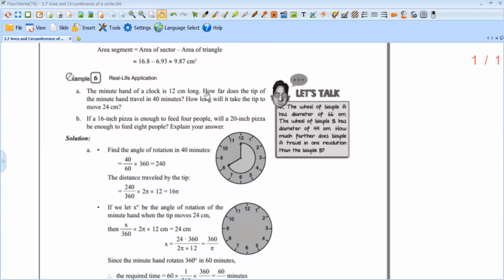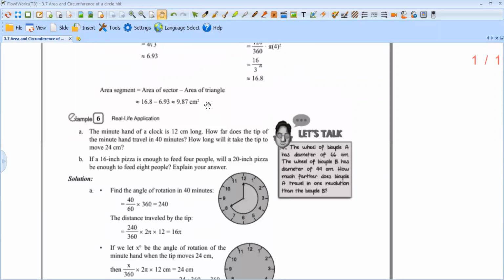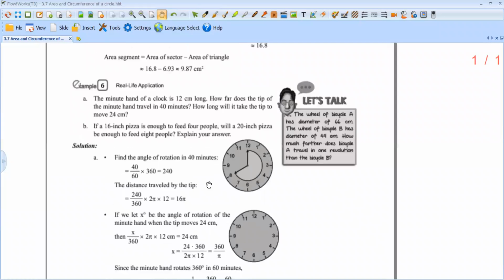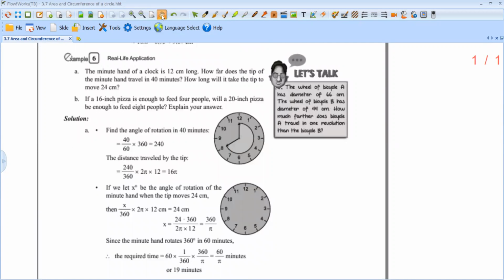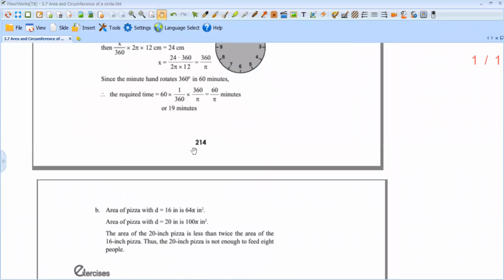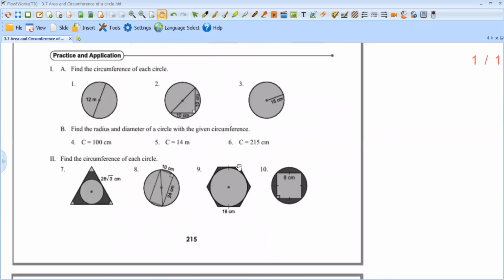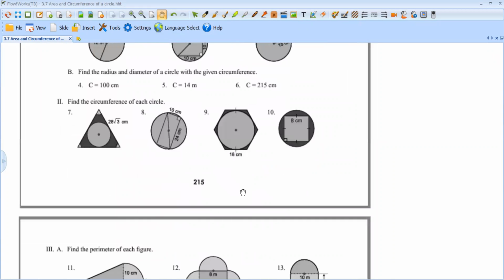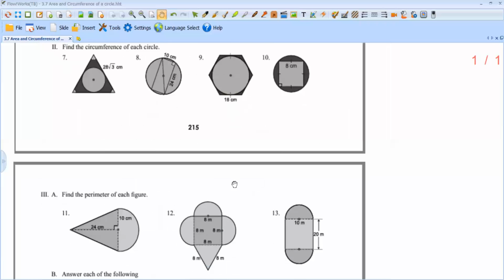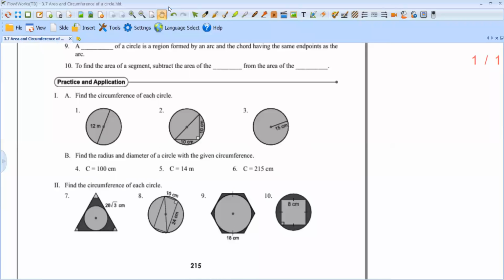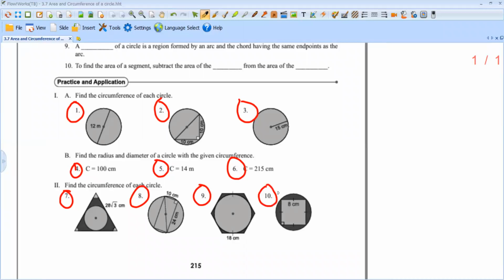Okay, so let's continue this on Thursday, and just try to compute first numbers 1 to 10. Numbers 1 to 10 here for your assignment: 1, 2, 3, 4, 5, 6, 7, 8, 9, and 10.